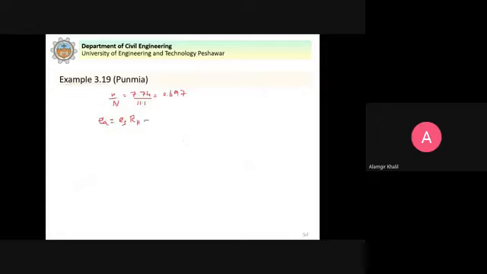So we can put its value here, ES, that is 12.79 into 0.5.